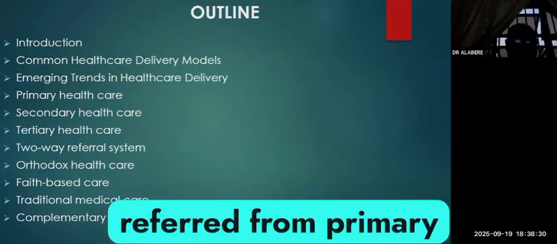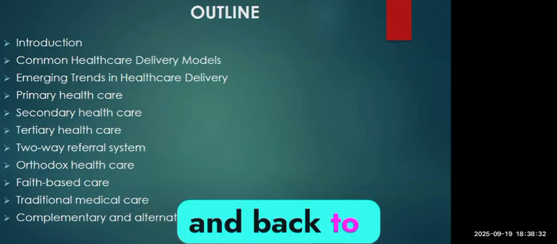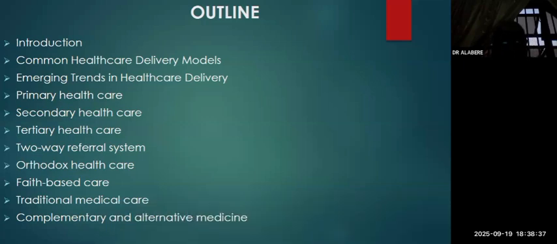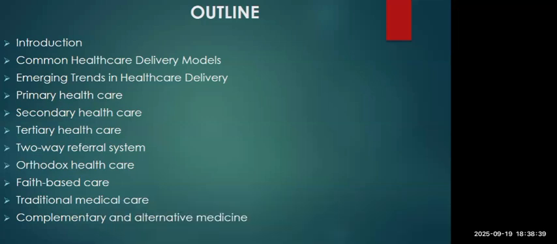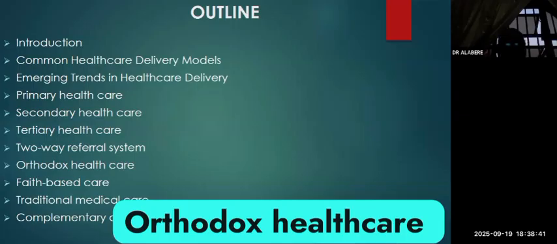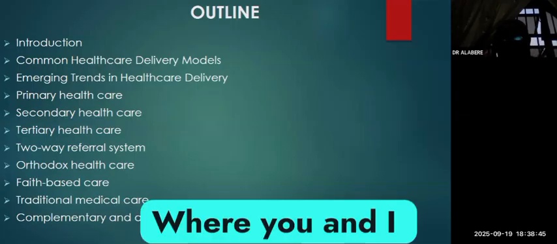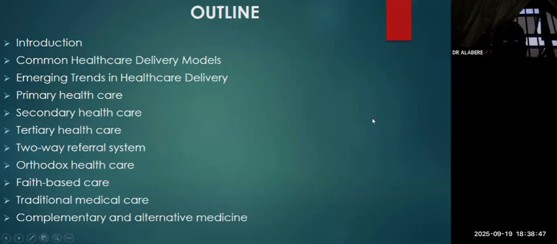Cases must be referred from primary to secondary and back to secondary to tertiary and back to secondary. Then we look at the orthodox healthcare system where you and I belong, where you and I practice.